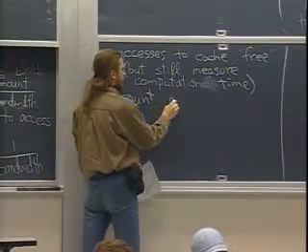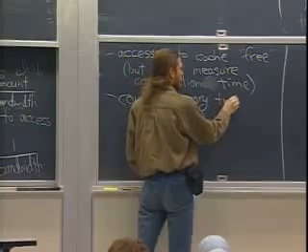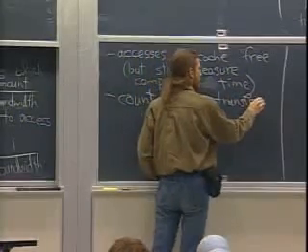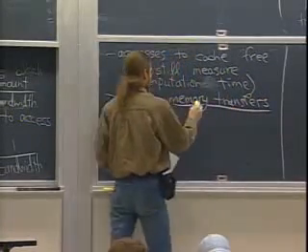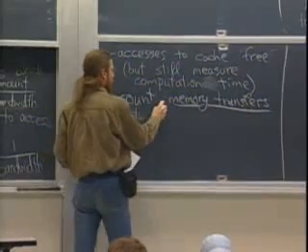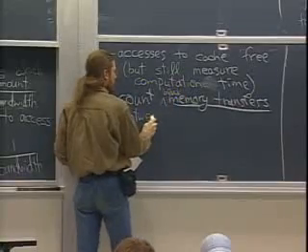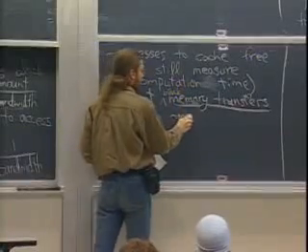Now what I want to do is count memory transfers. These are transfers of blocks, so I should say block memory transfers, between the two levels, so between cache and main memory.